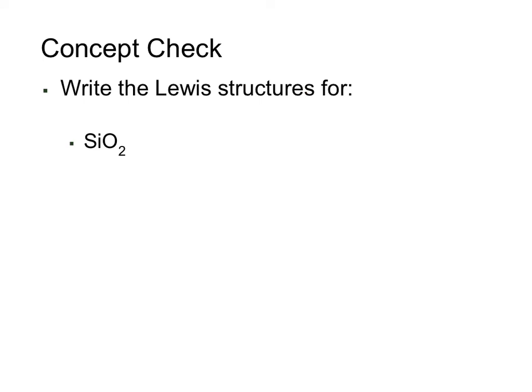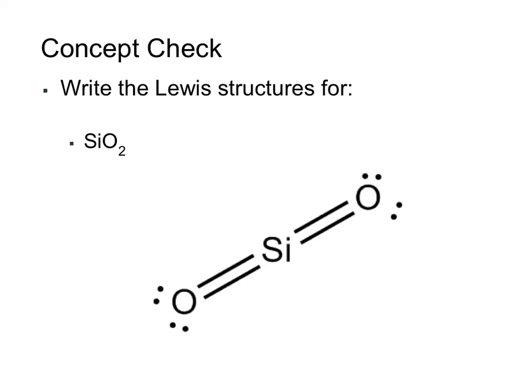In the next few slides, we have several examples. And so stop the video now, write the Lewis structure for silicon dioxide, restart the video to check your answer. And now here we have the Lewis structure for silicon dioxide.